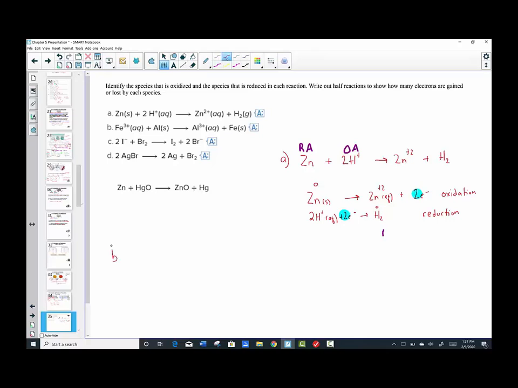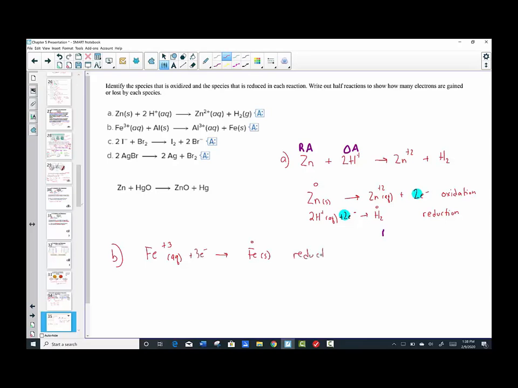Let's try letter B. I'm going to start just by breaking them up into 2 half reactions. Iron started as an aqueous ion of a +3 charge. And on the opposite side, I can see it became a solid iron. No charge at all. So to do that, it had to gain 3 electrons.